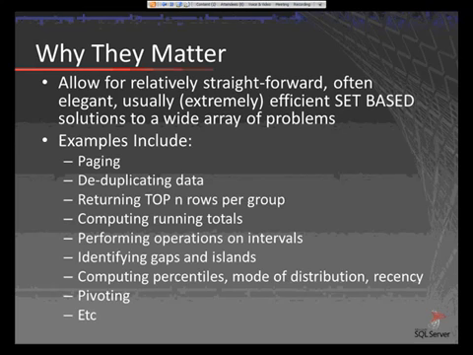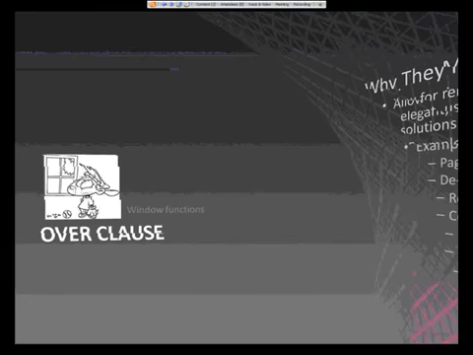Believe it or not, as bad as SQL Server is with cursors, and they're really bad compared to other platforms, for running totals T-SQL cursors are actually often your best recourse. So things like paging, deduplication of data, top N per group, percentiles, gaps and islands, and many other things have new solutions that you can use with the windowing function capabilities.